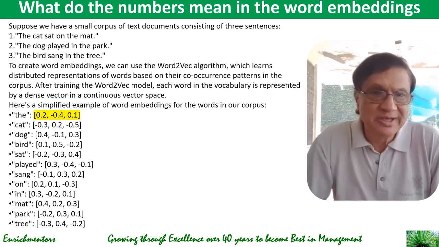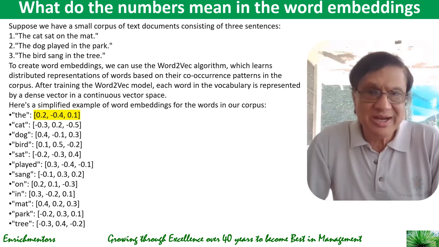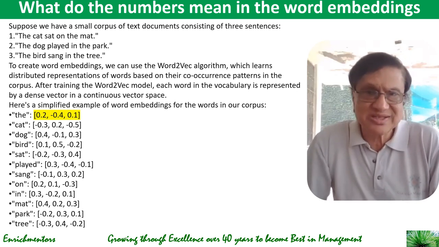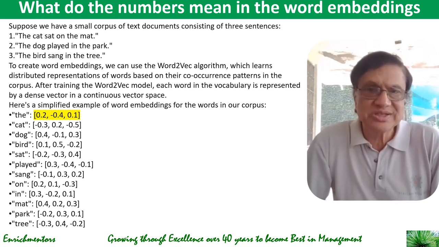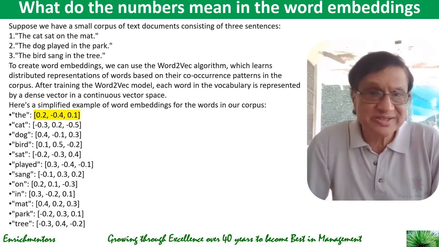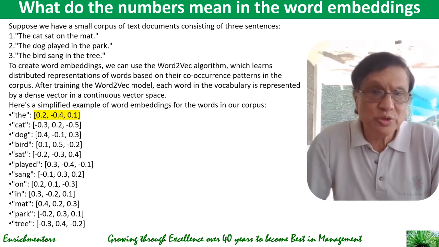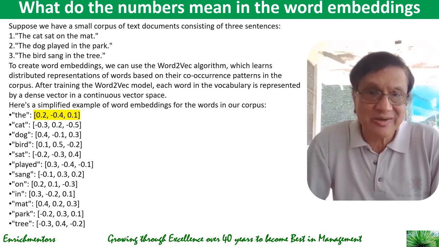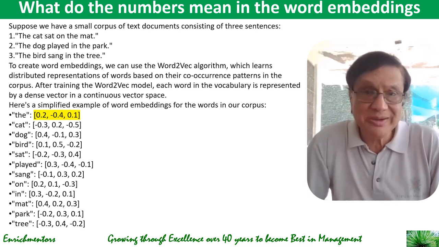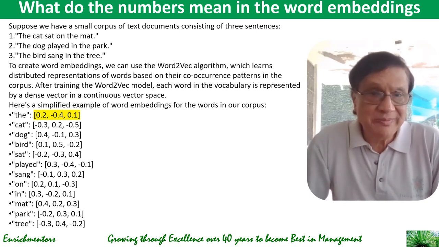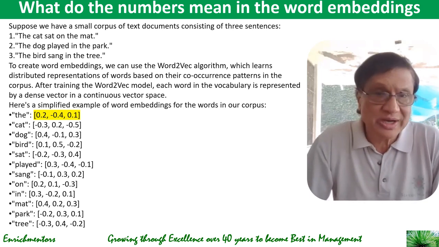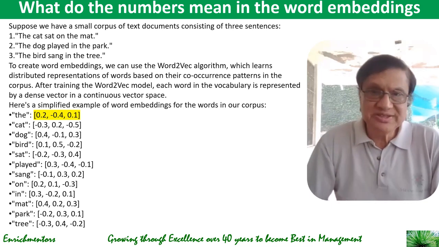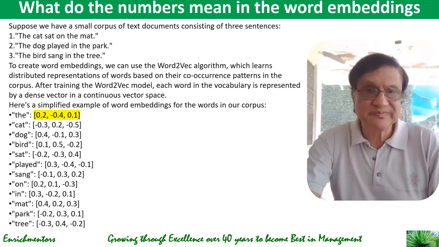For example, in a word embedding trained on a large text corpus, the first element 0.2 might represent a word's association with a certain concept, while the second element minus 0.4 might represent its syntactic value, or grammatical property. And the third element 0.1 might represent its relationship to other words in the vocabulary. So that's what these numbers mean in the word embeddings.